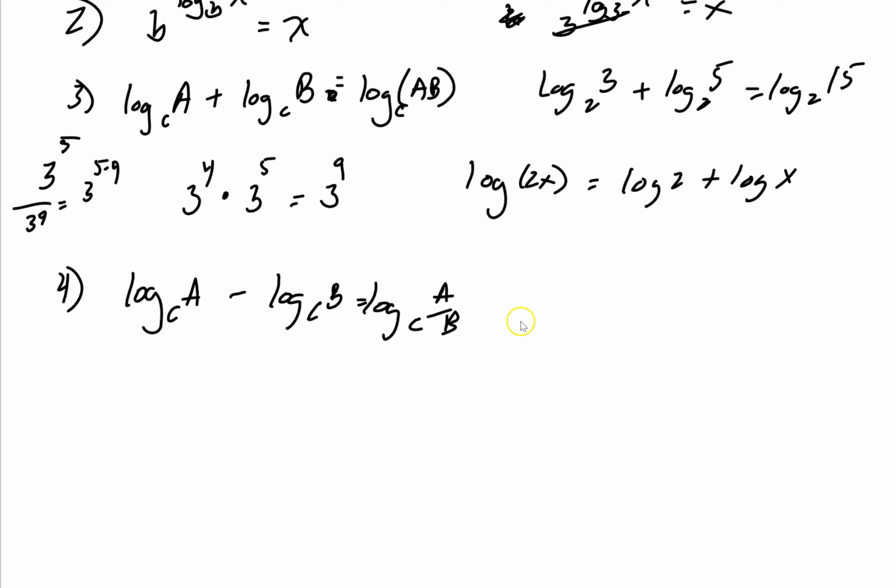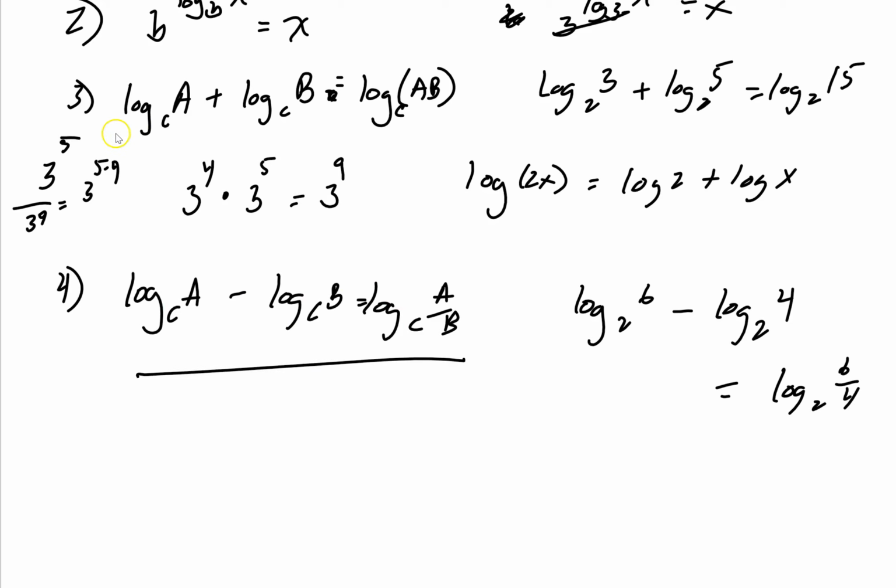Let me show you an example with numbers. Log base 2 of 6 minus log base 2 of 4 will get you log base 2 of 6 over 4, or log base 2 of 3/2. Again, super important. In logs, addition is multiplication, and subtraction becomes division. So division, subtraction, multiplication, addition.